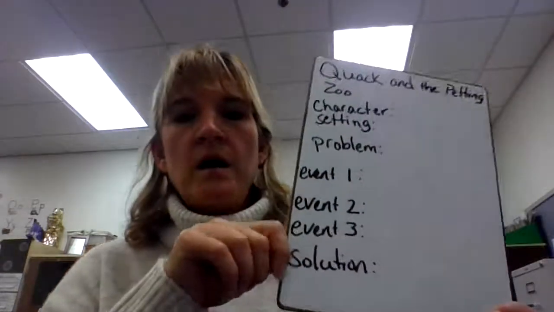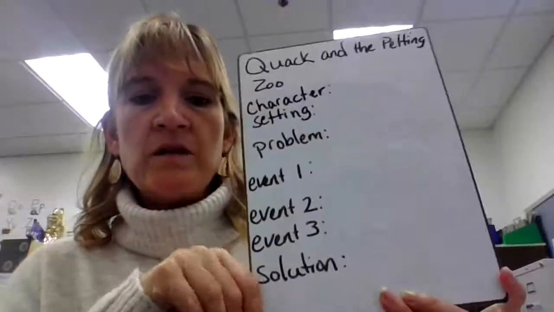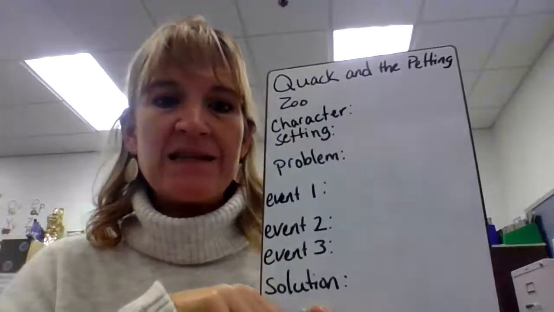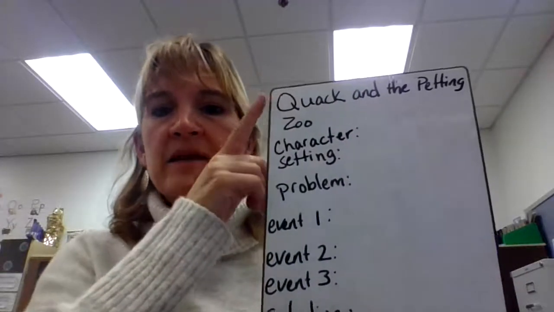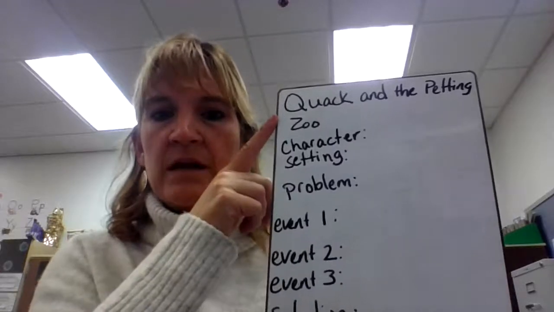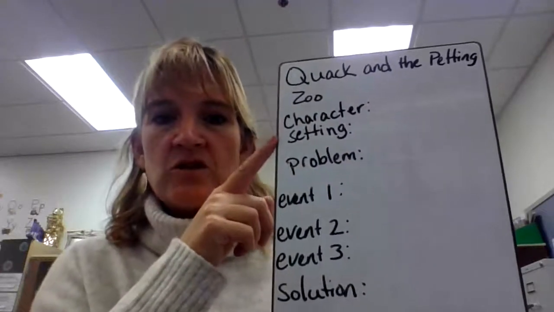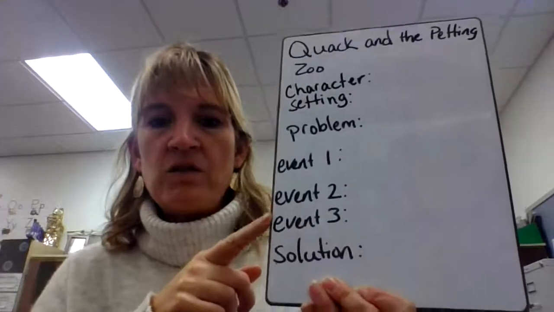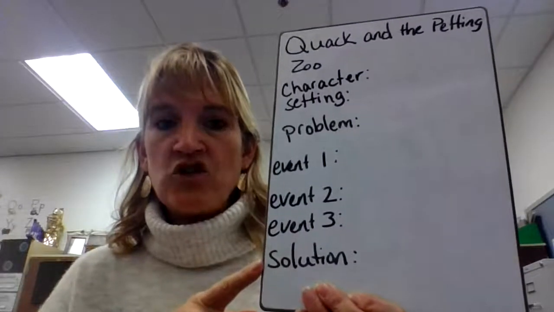Wonderful. On your paper, you're going to make an organizer, okay, to help you with your reading today. You're going to write Quack and the Petting Zoo at the top, which is the title, and then you're going to list character, setting, problem, event 1, event 2, event 3, and solution.